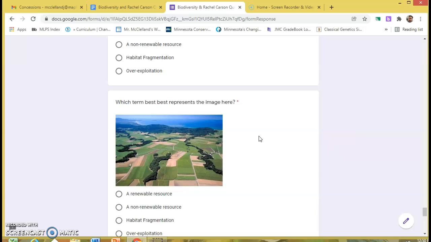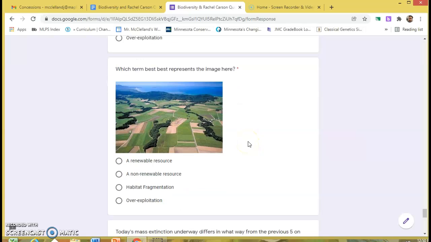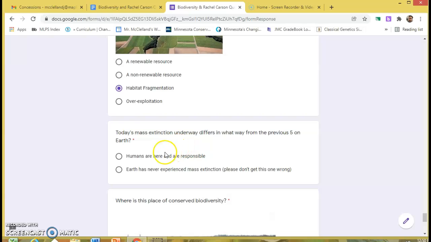This picture shows the land being broken up into smaller pieces of different things happening on the land plots, and so that is habitat fragmentation. Today's mass extinction underway differs in what way from the previous 5 on Earth? Humans are here and are responsible.